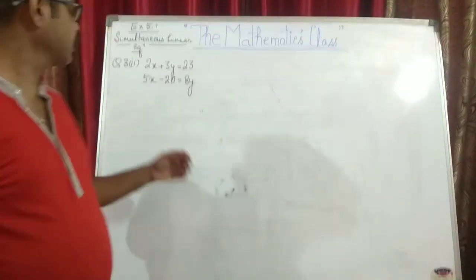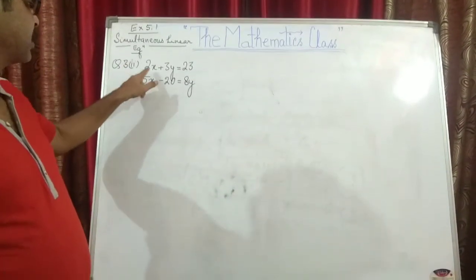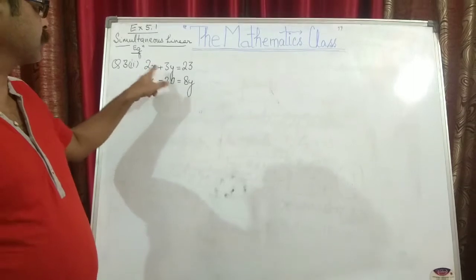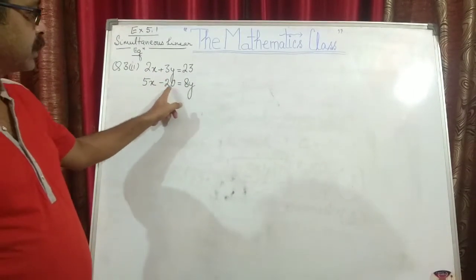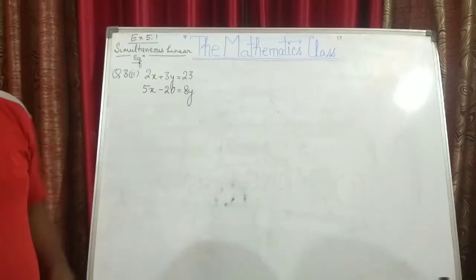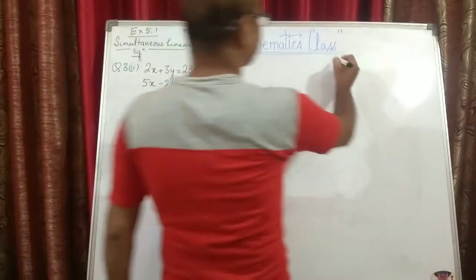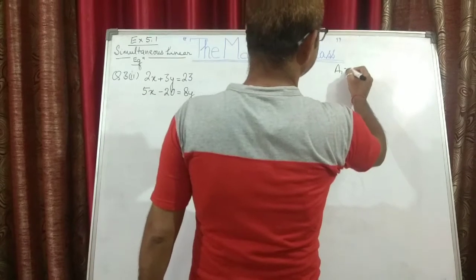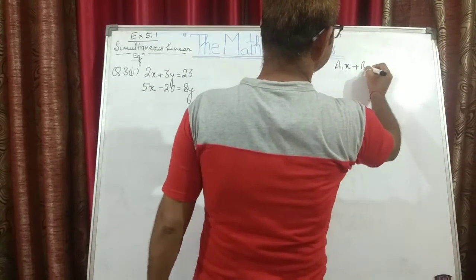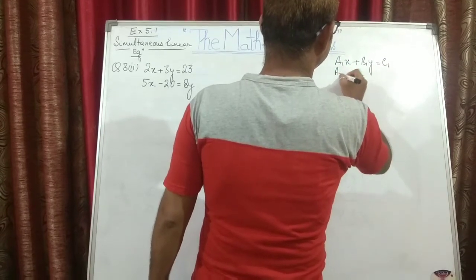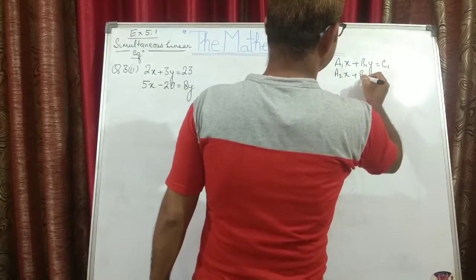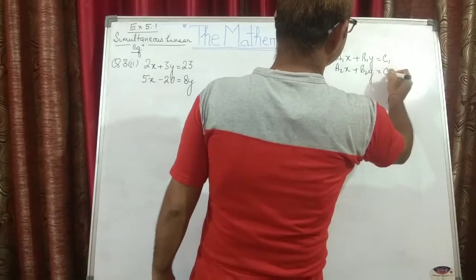Now I've taken question number third, second part. The question is 2x plus 3y is equal to 23 and 5x minus 20 is equal to 8y. First of all, we will write it in the form of a1x plus b1y is equal to c1 and a2x plus b2y is equal to c2.